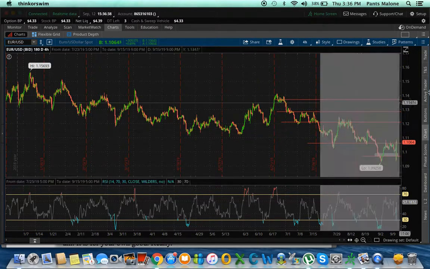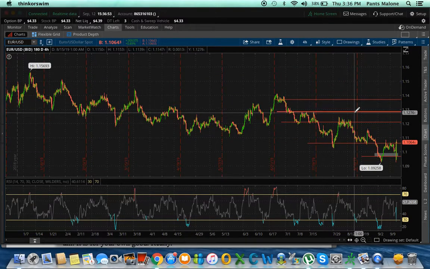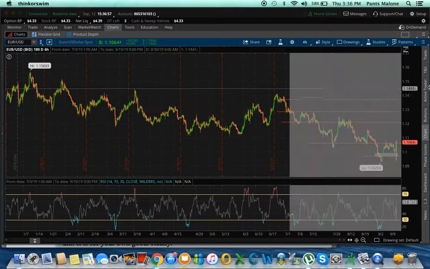Then we're just going to use our next leg up. The next leg up would be here, but since it's already been tested, it should go up to here, and that's already been tested as well, so it should in turn go even higher. That's where I'm looking for the next take profit.